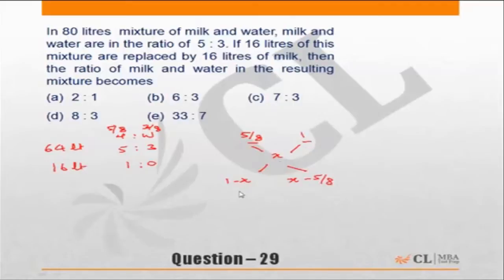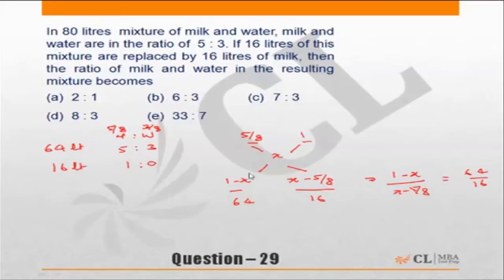These are nothing but the ratio of quantities, 64 and 16 liters. So 1 minus x upon x minus 5 by 8 is equal to 64 by 16. This would mean solving this equation.